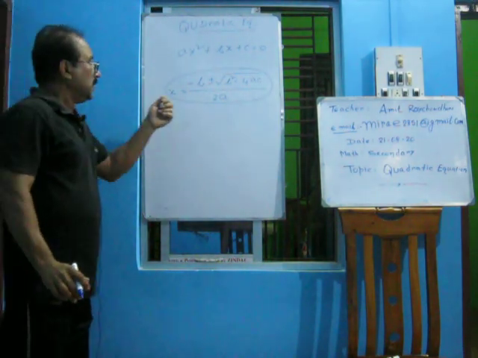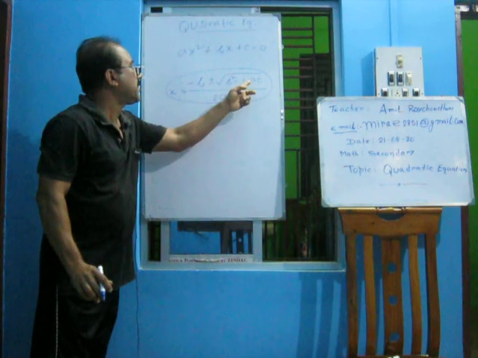Now, what is the meaning of root over b square minus 4ac?